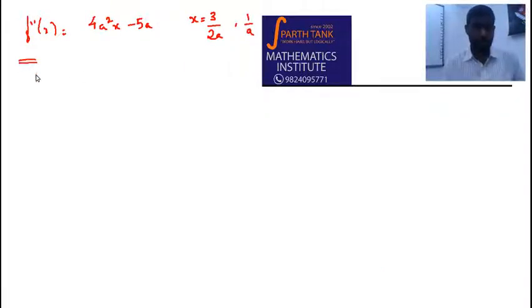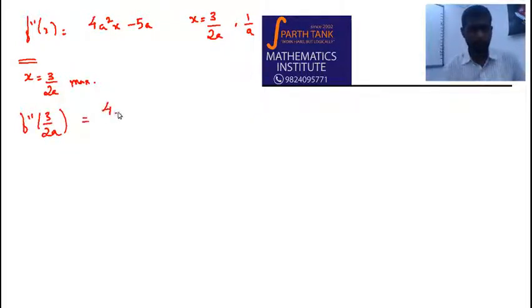So first case, I take x is equal to 3 by 2a as the maximum point. Okay, if this is the maximum point, then f double dash of 3 by 2a should be less than 0, right? This would be 4 into a squared into 3 by 2a minus 5a, which is 6a minus 5a, which is a.